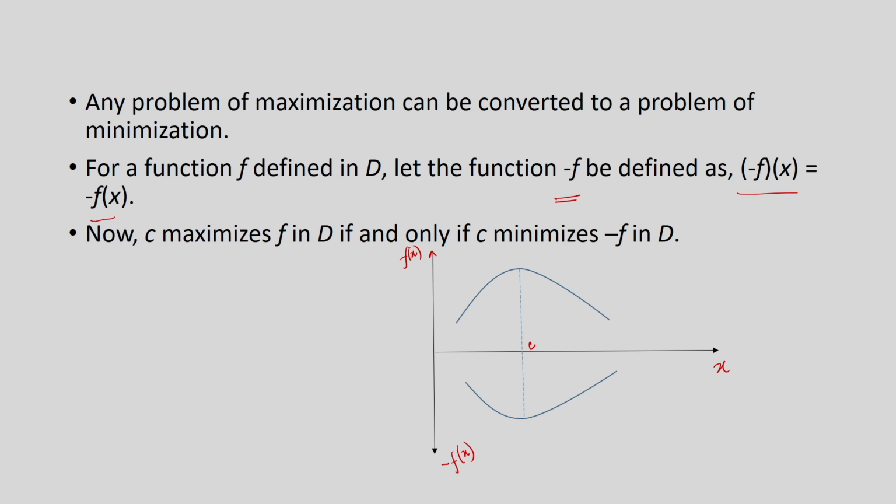After drawing the mirror image, you can straight away see that at this particular point, small c, f is maximized, but that itself means that minus f is minimized. So, this is the point of minimization of this function and this is the point of maximization of this function. That is how they are related. In other words, if we are maximizing a function, then at the same time we are minimizing the minus of that function.